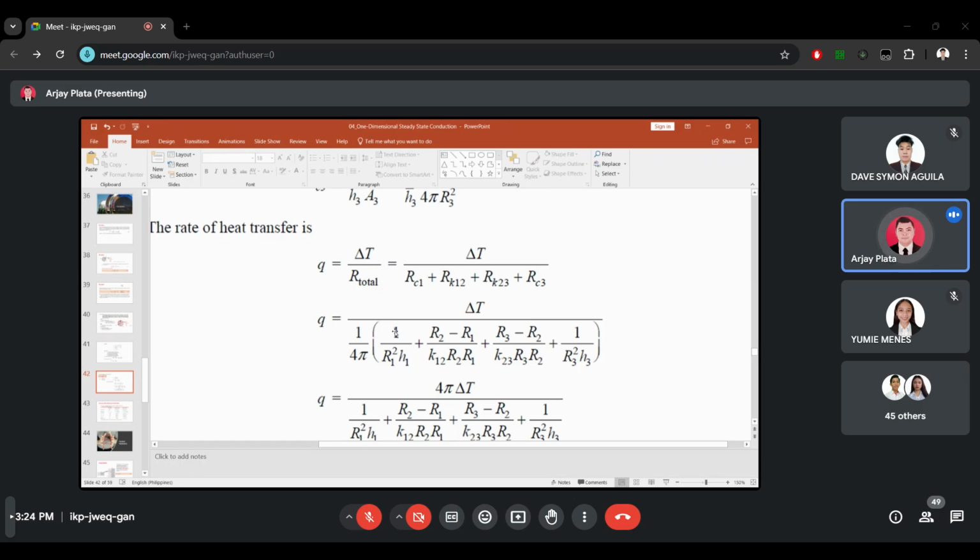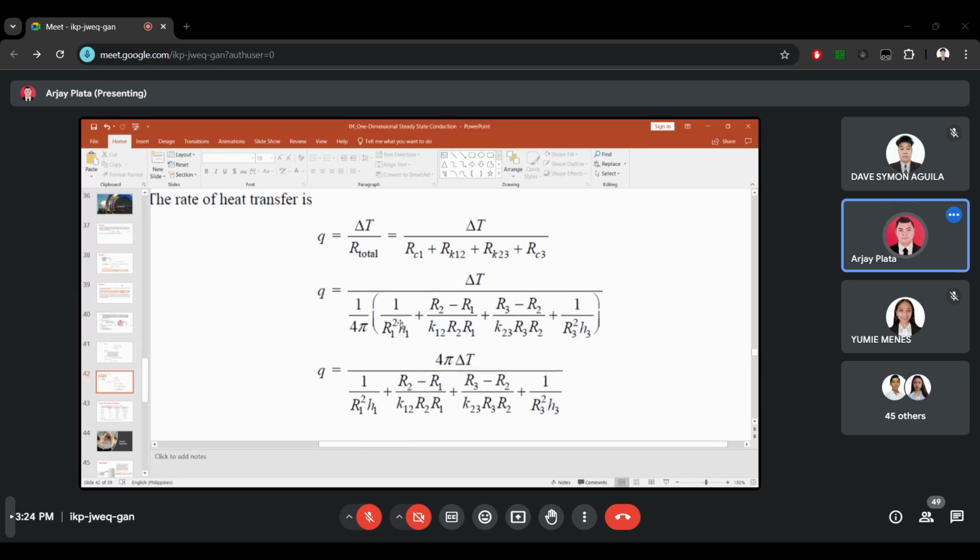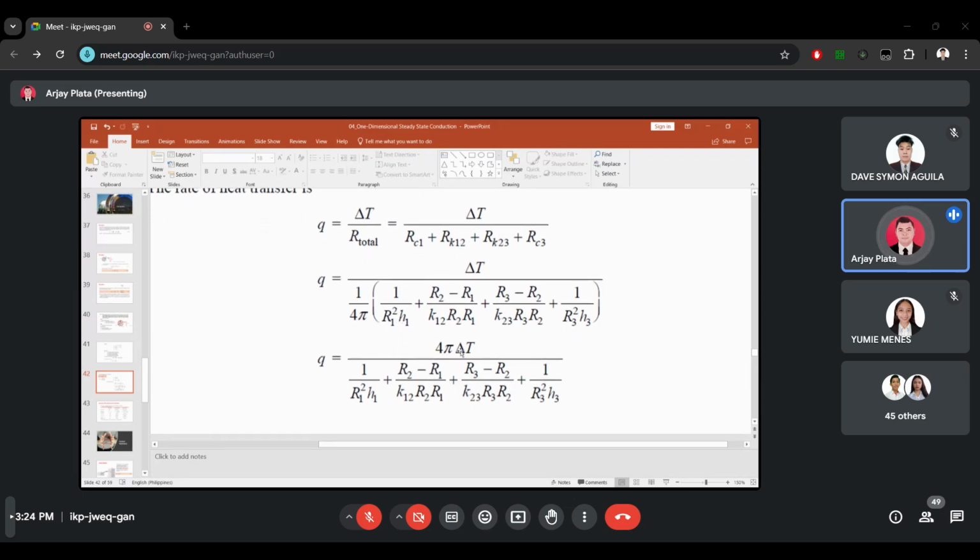Then you can simplify it. You can put the 1 over 4 pi outside because it is common to all the equations. Simplifying it, we arrive at this equation: Q equals 4 pi delta T all over this long summation of thermal resistances.